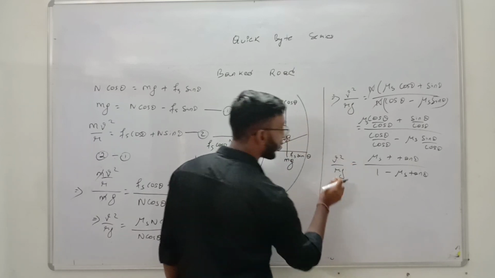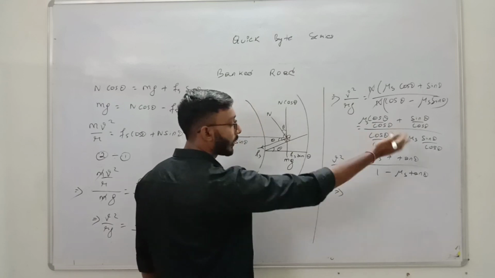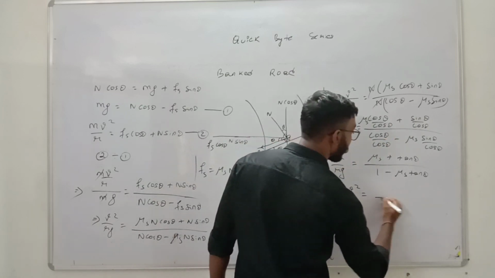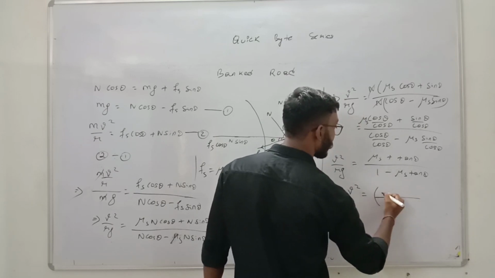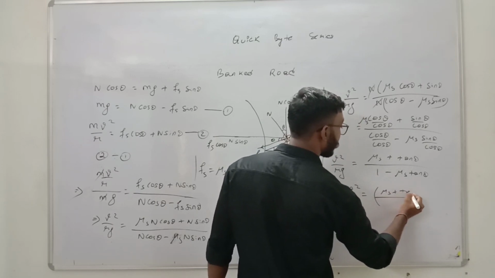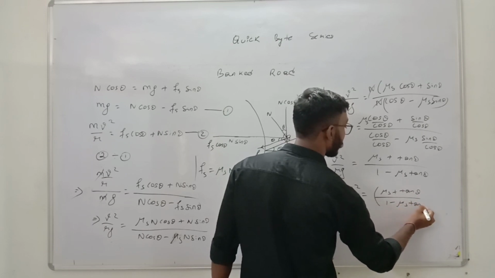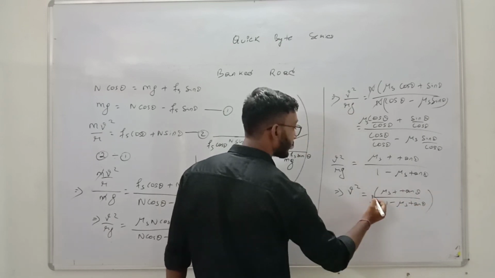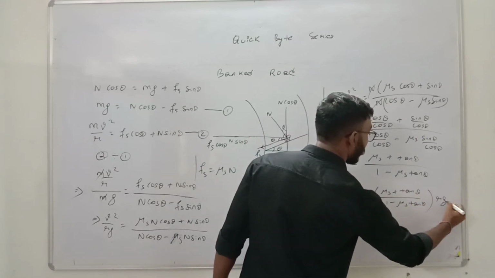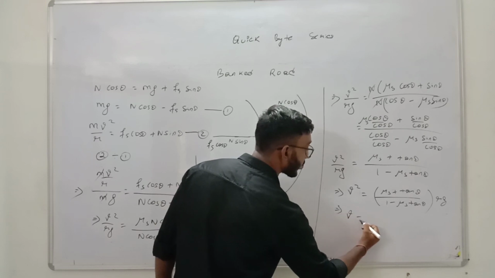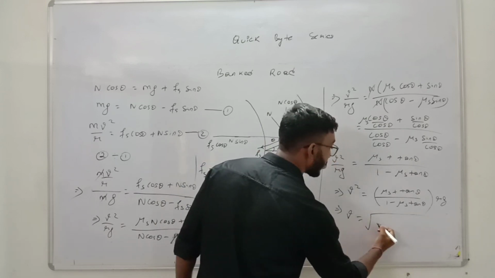We can take this Rg to the right-hand side, it will go to the numerator, so v square equals Rg times mu s plus tan theta over 1 minus mu s tan theta. This square will go to the right side and become a square root.